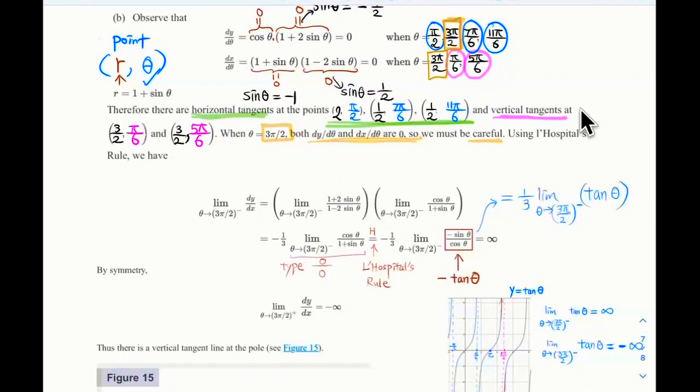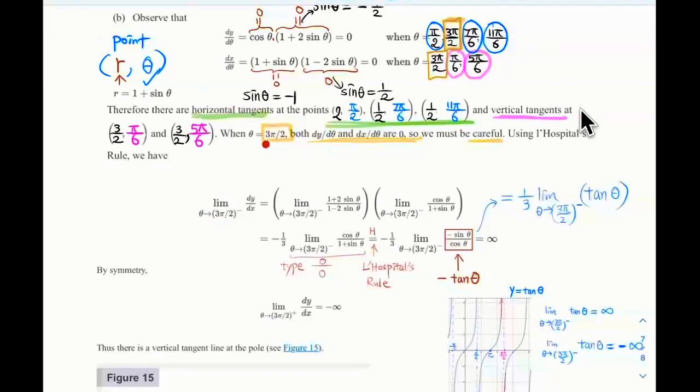You take the limit of dy/dx when theta approaches 3 pi over 2 from the left and from the right. I'm not going to test you on this on the exam because it's a little bit challenging, but it's good to know. Maybe for some part of homework, you might have this.